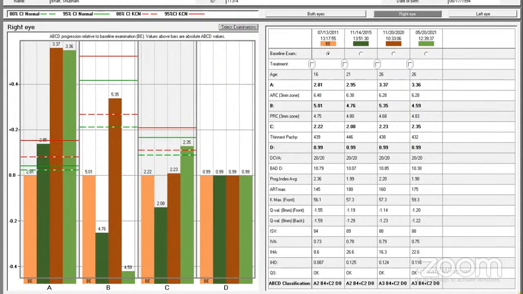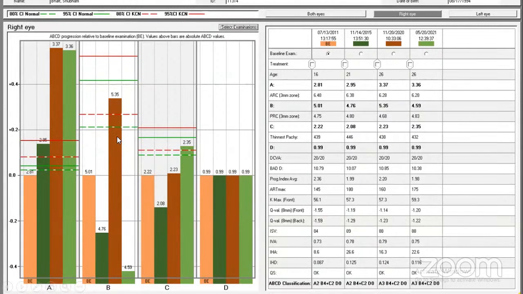On the posterior curvature maps on the second visit, the dark green is much lower than the first orange, so the posterior curvature has actually stabilized and improved. In the third group, the corneal thickness, the patient is doing well, has stabilized, and so that bar is much lower.